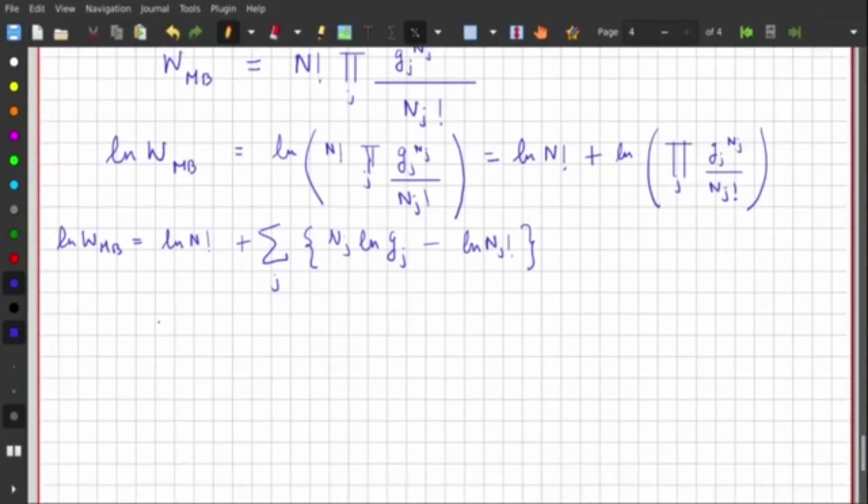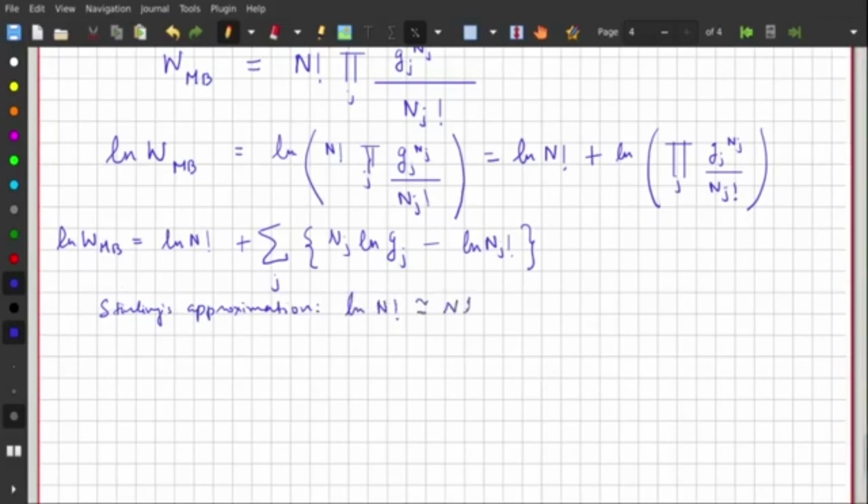Okay, and now let's use Stirling's approximation, which says the log of n factorial is approximately equal to n log n minus n for n tends to infinity, for very large n. Okay.